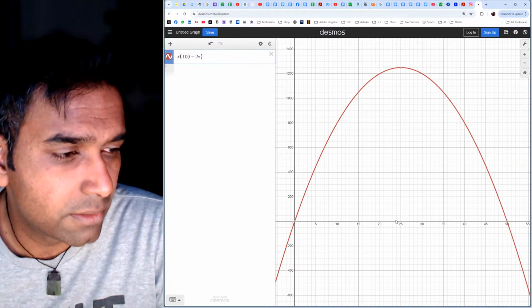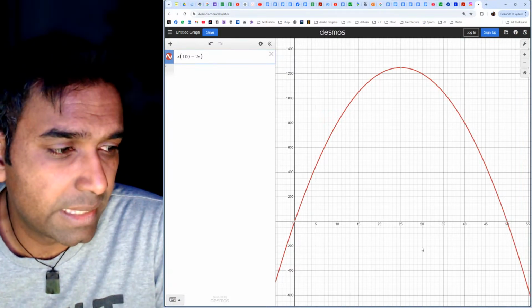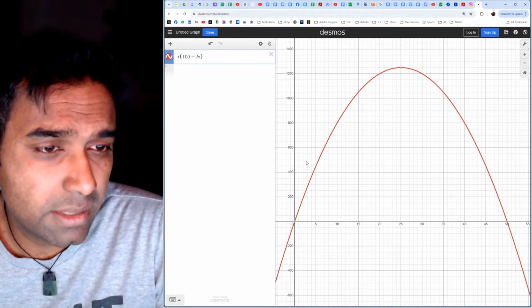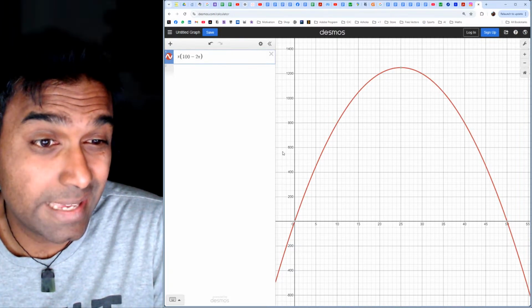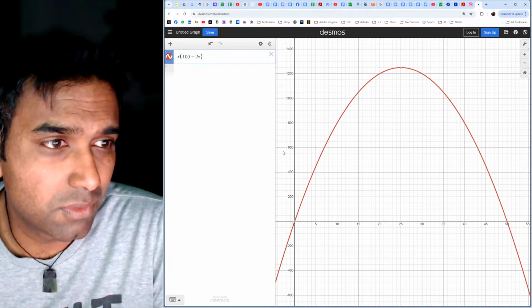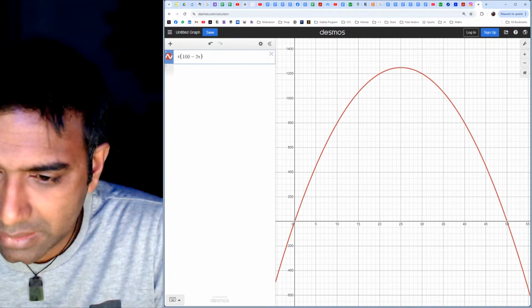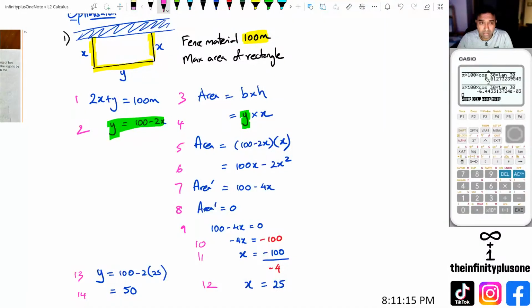This side is the x value on the x-axis, but the y-axis is going to be the actual area, so it's not the y-coordinate. In the example we did it as x and y, so don't get confused by that.